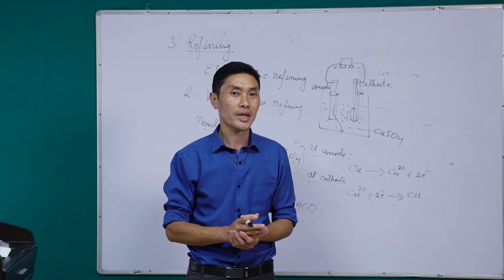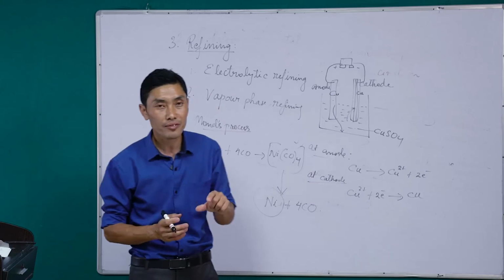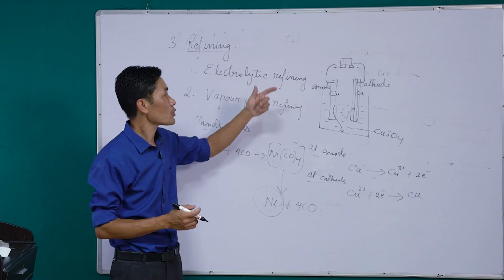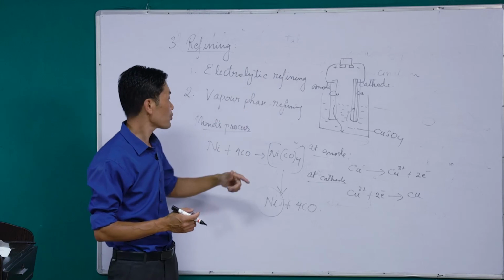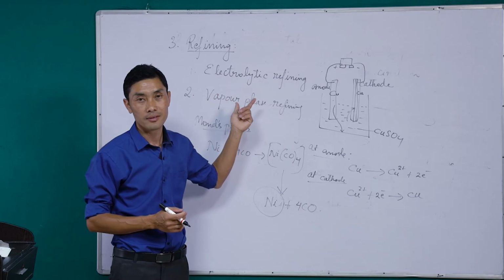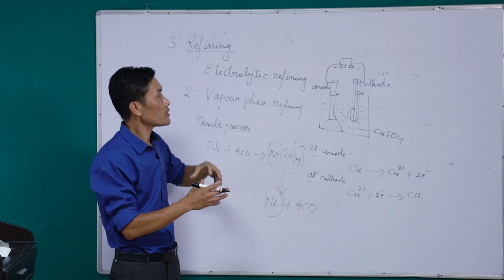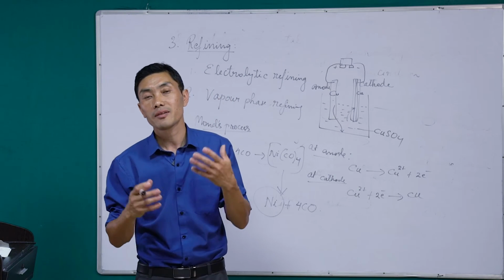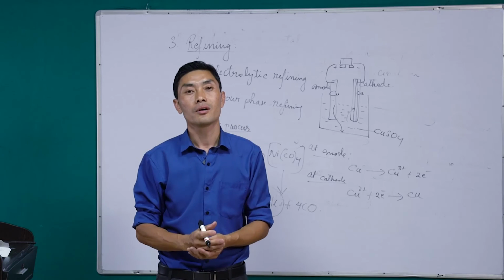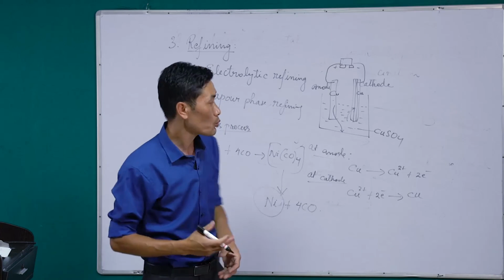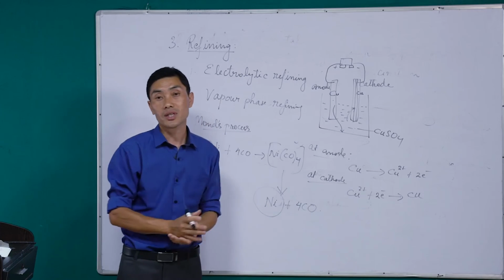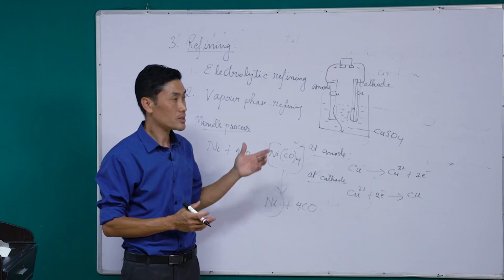To study these extractions, you just need to identify which method is used for concentration, which is used for reduction, and which is used for refining. If you can remember these different methods that are used, then you can easily learn, and you would be able to find out what the different steps are that are involved in the extraction of these different metals from their ores.